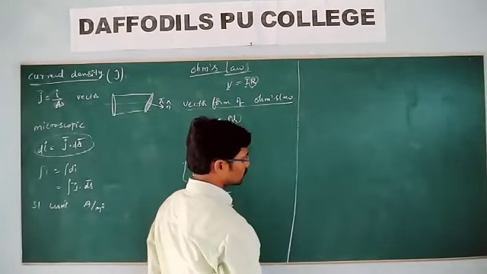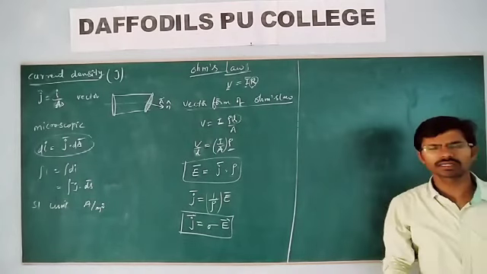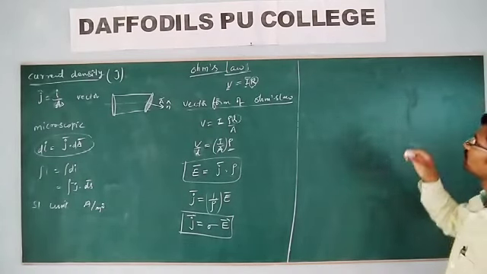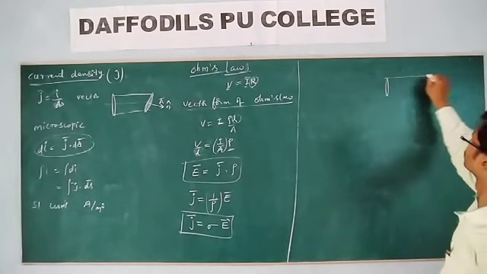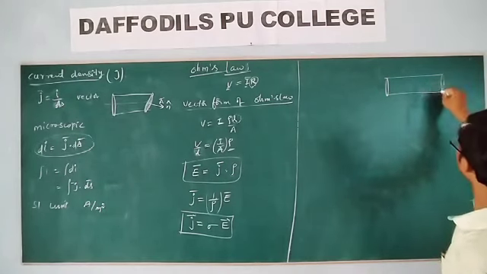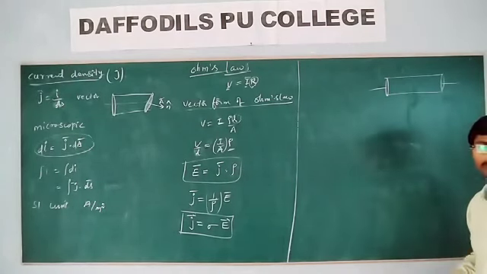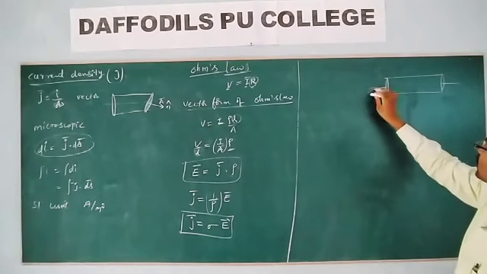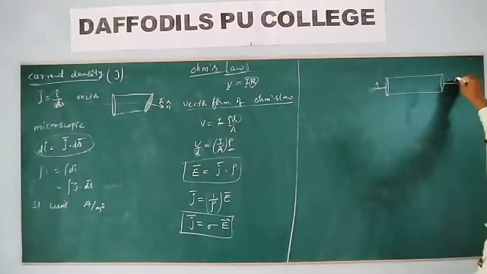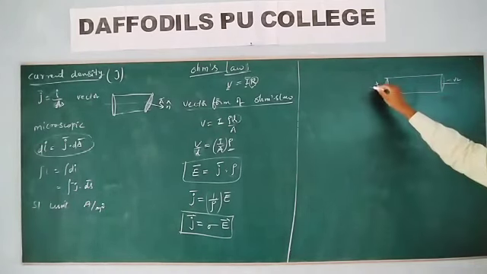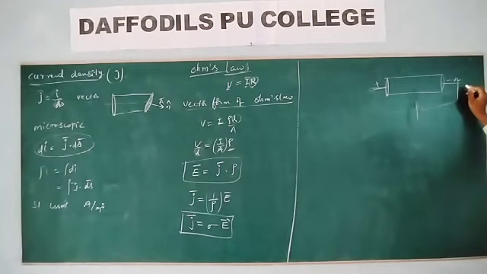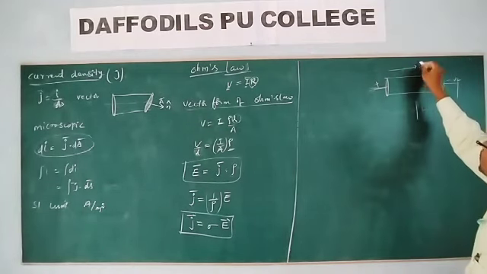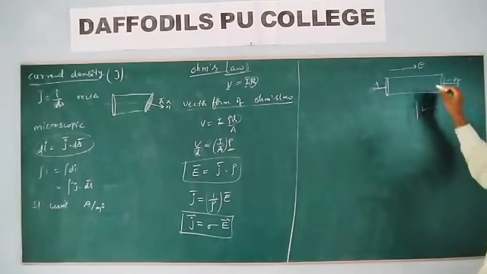Let me discuss one more important topic. This is a metallic conductor, with a positive and a negative plate. When an electric field is applied, the direction of the applied electric field is E. But the electron moves opposite to the direction of the electric field.